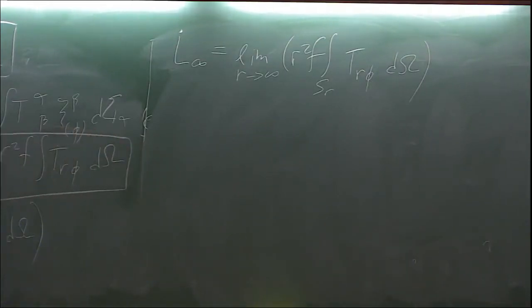But now we also want to include a boundary around the black hole. So let me put another tube inside this bigger tube. Let me call this S in. Then you go through the same calculation.